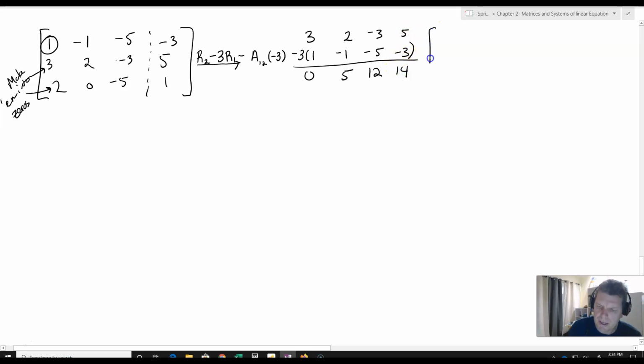So my new matrix is now going to have that row in the second row. So it'd be 1, -1, -5, -3, then 0, 5, 12, 14.